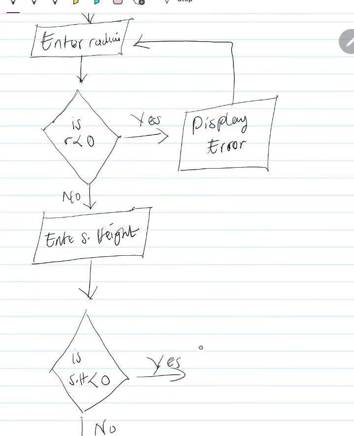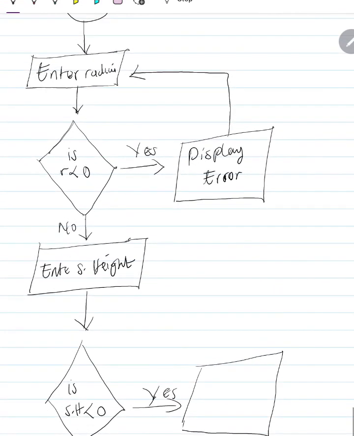So if the slant height is less than 0, you have to display error. So I'm not going to write everything in full. You can just go ahead and see from the question.